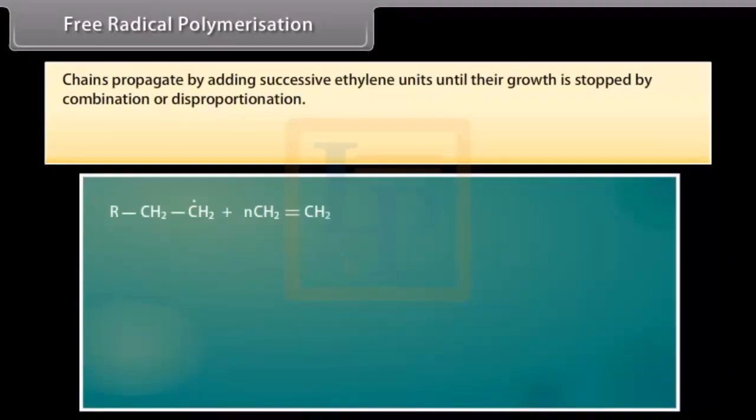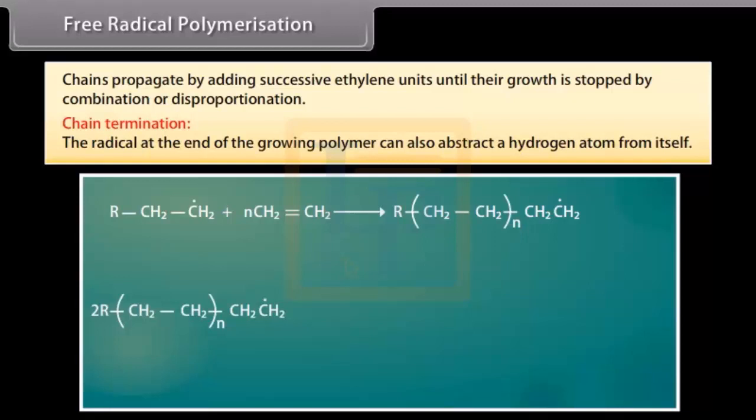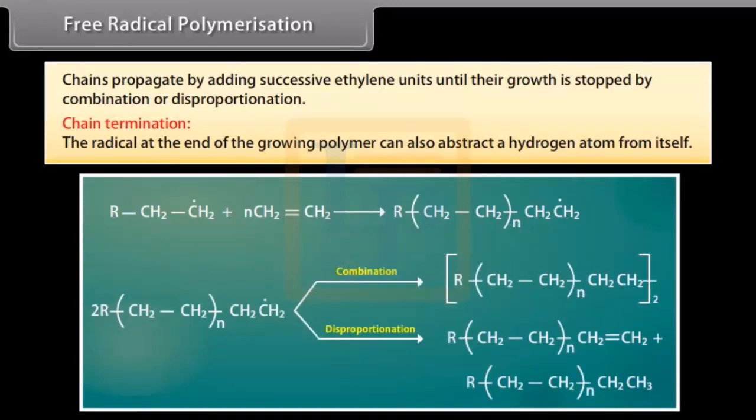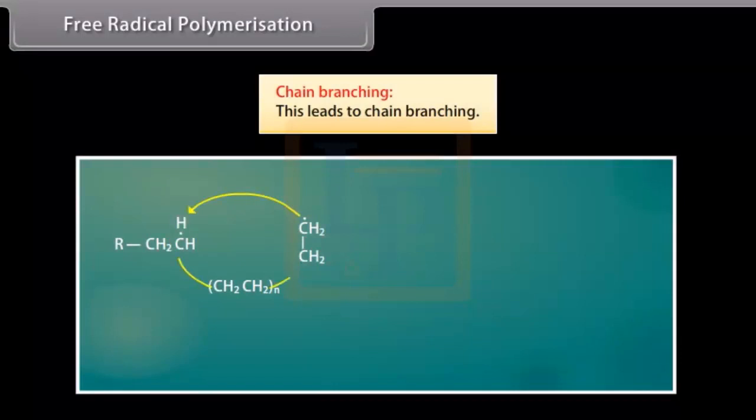Chains propagate by adding successive ethylene units until their growth is stopped by combination or disproportionation. Chain termination. The radical at the end of the growing polymer can also abstract a hydrogen atom from itself. Chain branching. This leads to chain branching.